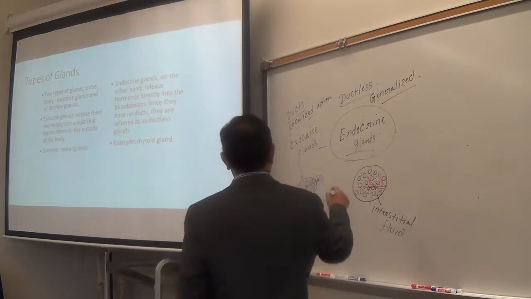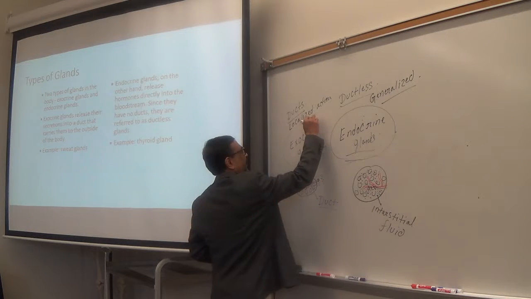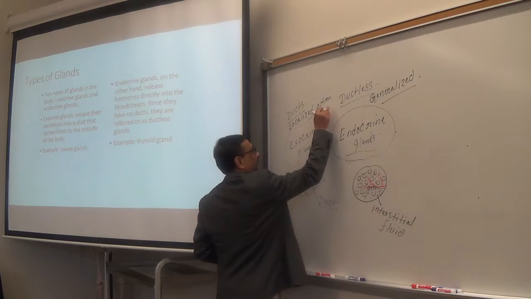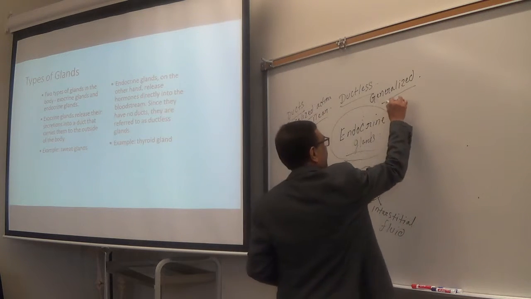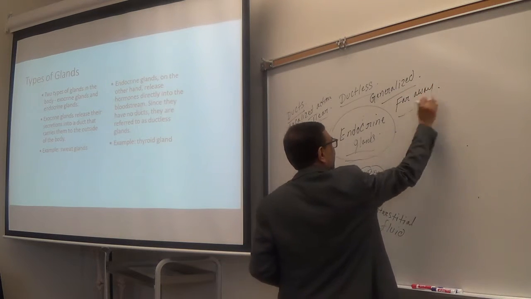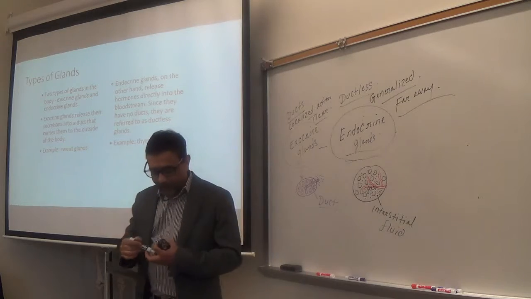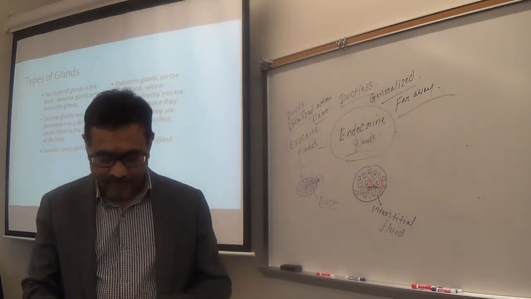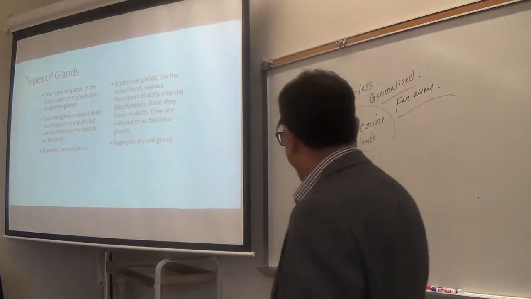So exocrine action is near. Endocrine action could be far away from the gland. Those are a few differences between the endocrine and exocrine.